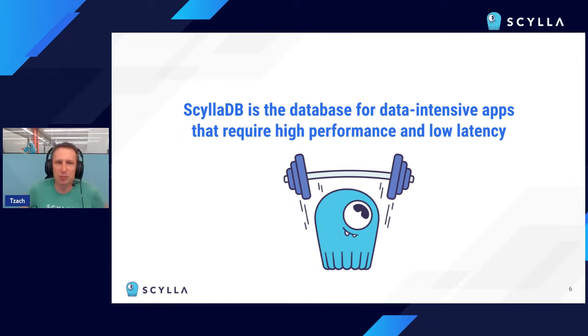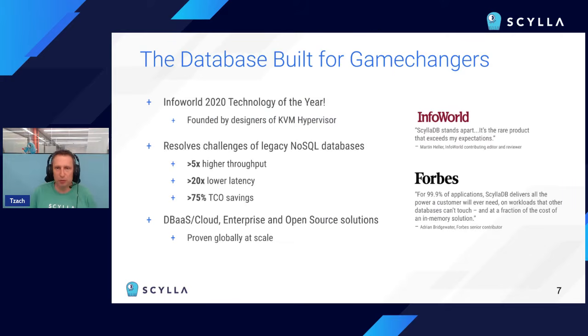So what is ScyllaDB? ScyllaDB is a NoSQL database designed from scratch to achieve three goals. The first is high availability, the second is high throughput, and the last is low latency. And this was the main goal that we set for ourselves. The latency part, actually, we are not going to talk about in this session, and I'm talking about the latency of each node independently.